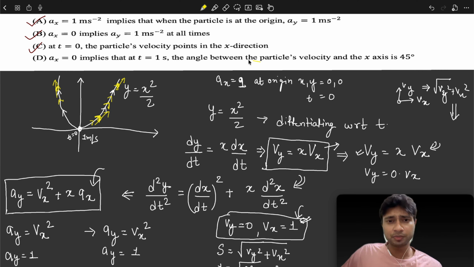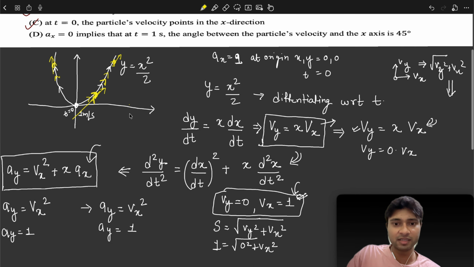We have to figure out the angle between the particle's velocity and the x-axis. Let's see in the diagram. Velocity always follows the trajectory, since this graph is nothing but the trajectory of the particle. So the direction of the velocity is the direction of the tangent. At any point, if I draw the tangent, I get the direction of velocity. I hope everyone is okay with this.